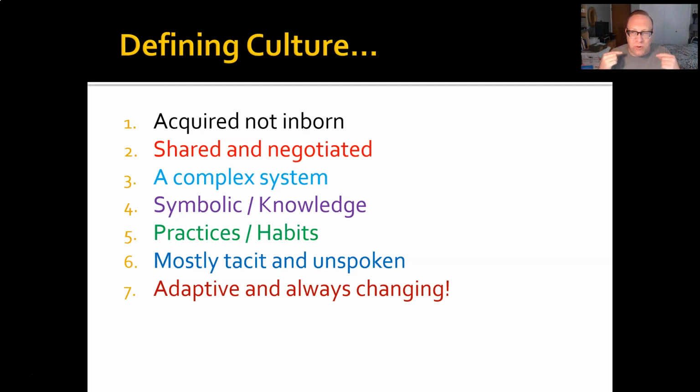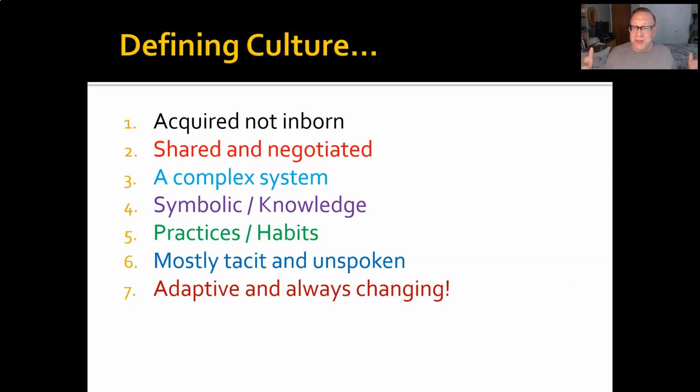Most of culture is tacit. That means we don't know what we know. Oftentimes, there are rules of culture you don't know until somebody breaks them. If I asked you some elements of American culture, the first thing to pop into your mind is not going to be that people don't stand too close to each other.